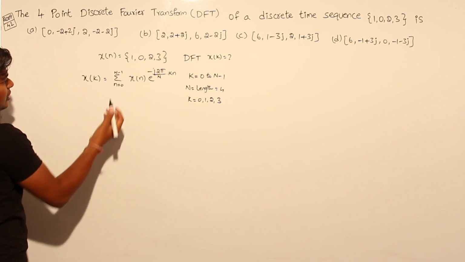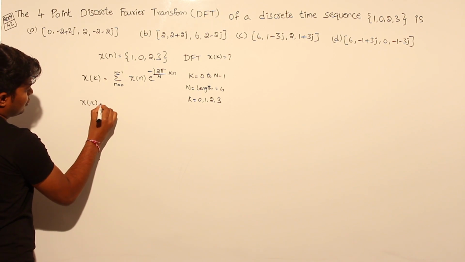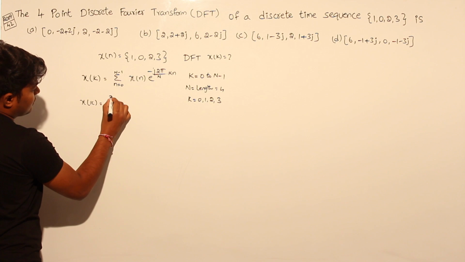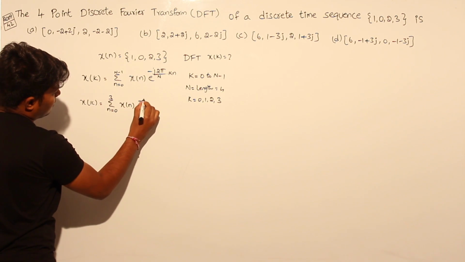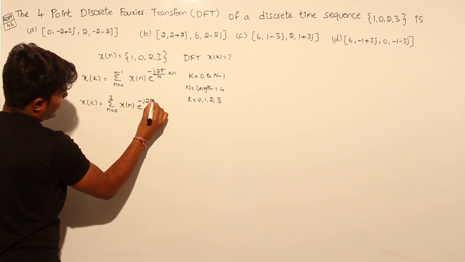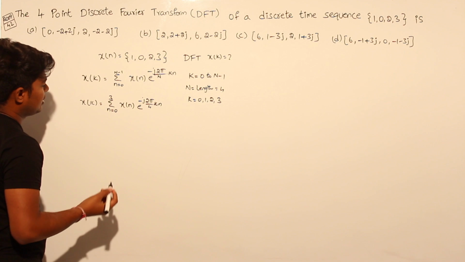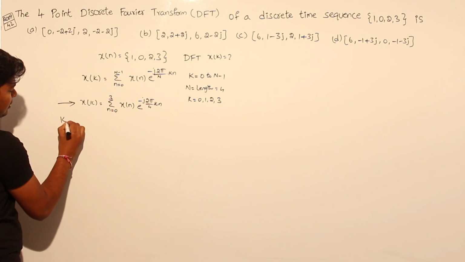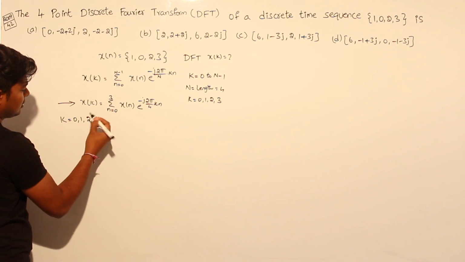Now substitute the capital N value, we get x of k is equal to summation n equal to 0 to 4 minus 1, that is 3, x of n e power minus j 2 pi by 4 k into n. Now we need to find this equation for the values k equal to 0, 1, 2, 3.